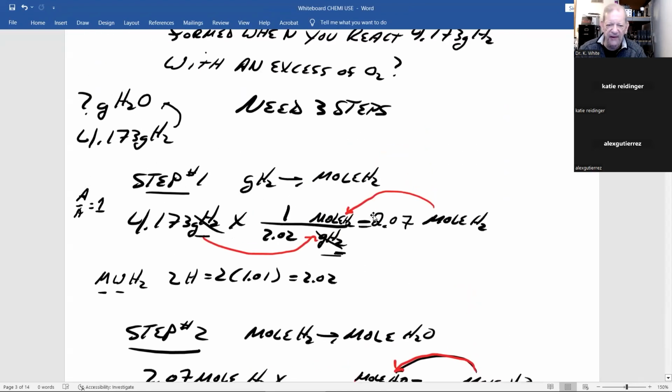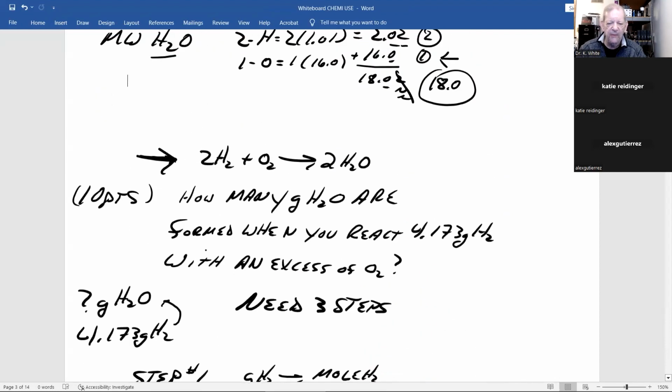So my balanced chemical equation tells me 2 moles of hydrogen react with, when there's no number there, it's the number 1, 1 mole of oxygen to give 2 moles of water.